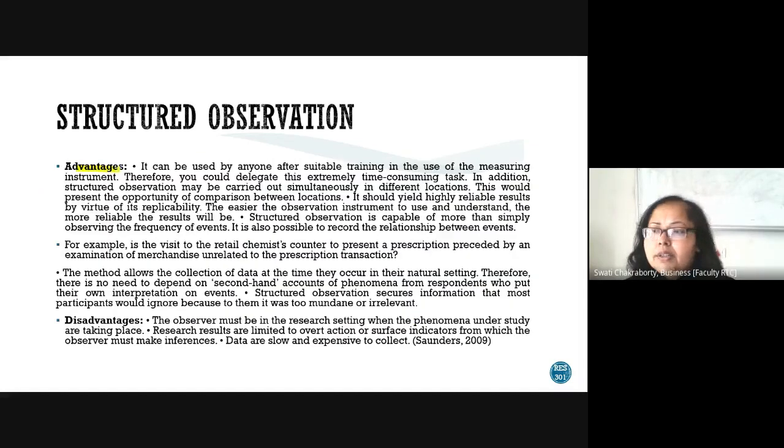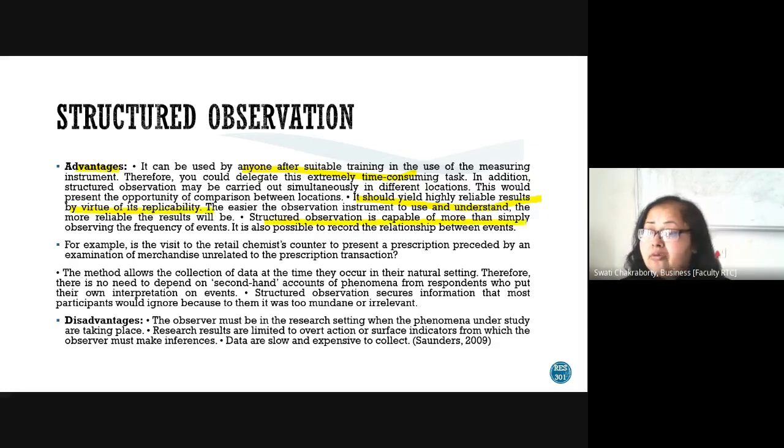What are the advantages? It can be used by anyone after suitable training in the use of the measuring instrument. It also helps to yield highly reliable results by virtue of its replicability.